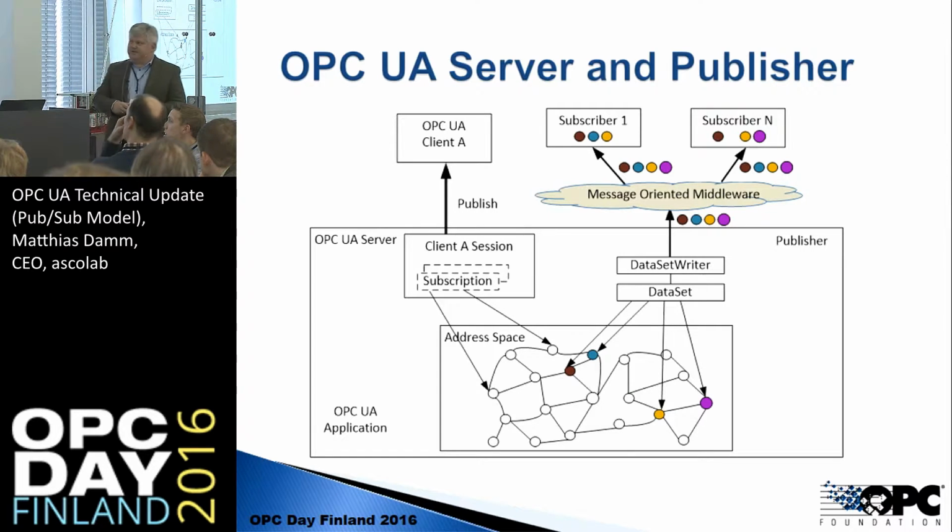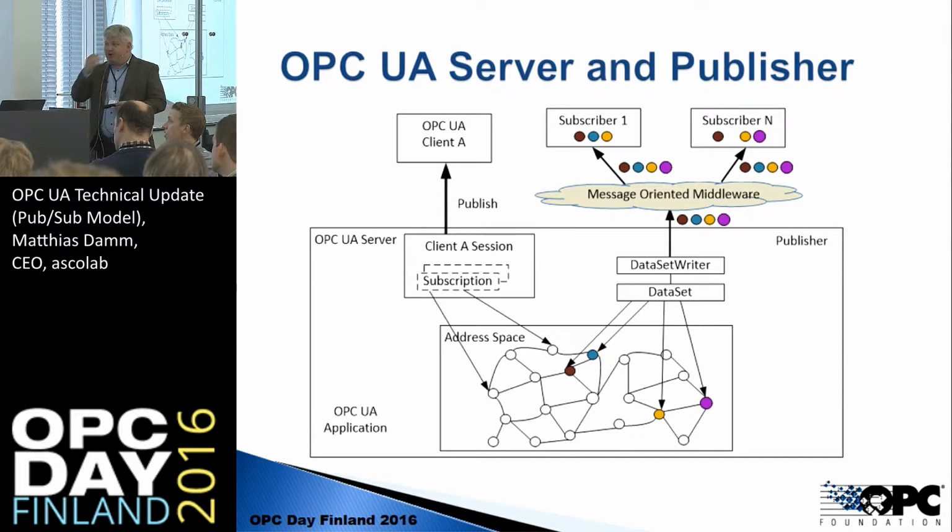And it's not the task of the device, especially the little ones that want to serve like 1 million subscribers. There is no way to do that today. And with this model, it's just up to the middleware to deal with this 1 million subscribers. And it's no longer a problem of the little OPC UA device.